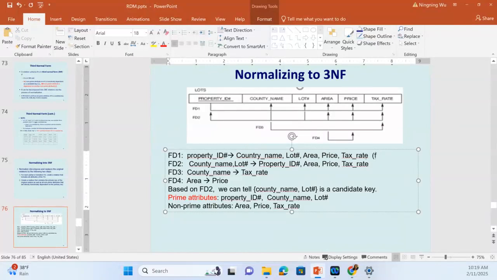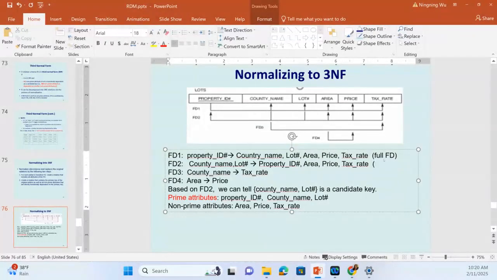Although county name and lot number are prime attributes, it still indicates that area, price, and tax rate, those 3 non-prime attributes, are dependent on the whole key. So this is a full functional dependency. FD2 is the same. FD2 shows that county name and lot number determine all other attributes of the relation, so this is also full.